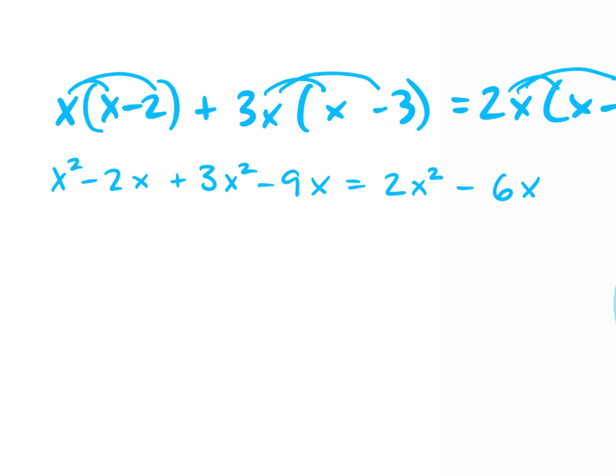Let's combine all of our like terms. We've got an x squared here, an x squared here. x squared plus 3x squared would be 4x squared. Negative 2x minus 9x, negative 11x. That's equal to 2x squared minus 6x.